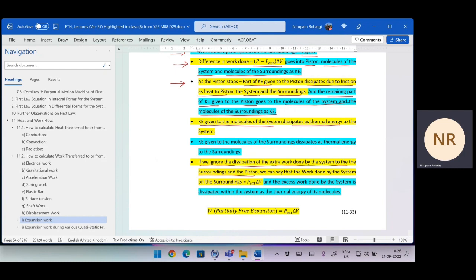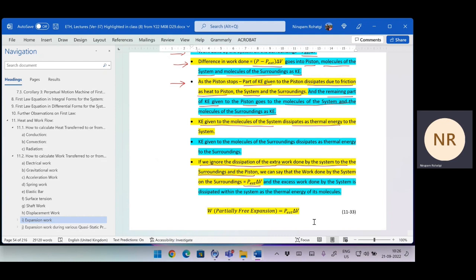So the work which is going out is P external delta V. That goes out and that has to be accounted for, because thermodynamics means heat and work transfer between system and surrounding. So you should know the amount of work that has been done on the surrounding, and that is equal to P external delta V.